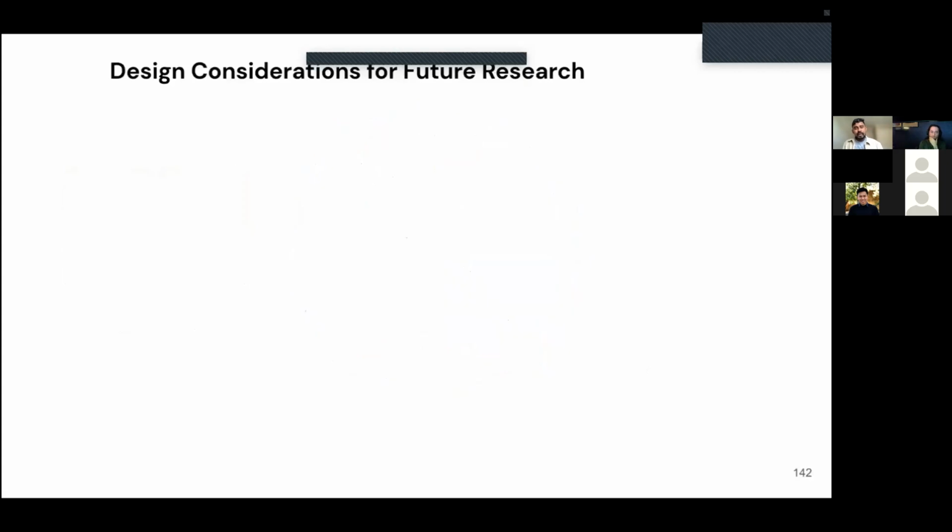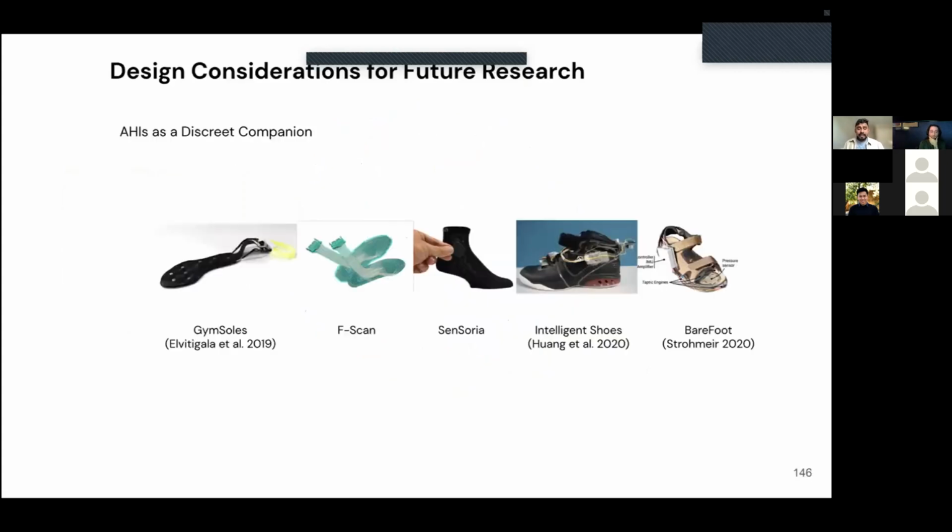And then in future, by connecting all these augmented human interfaces, we want to give rise to a discrete companion which identifies our physiological and biological parameters, and then provides an implicit understanding about our body, and then interfaces that can improve our capabilities.